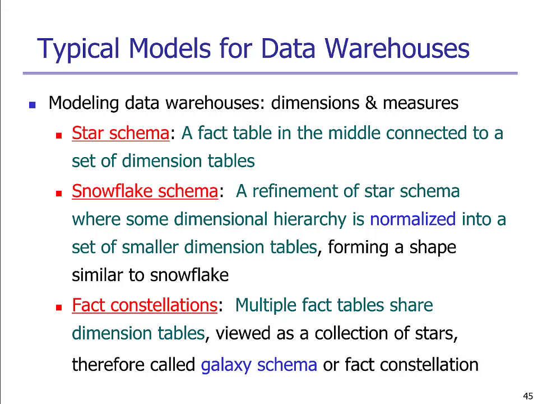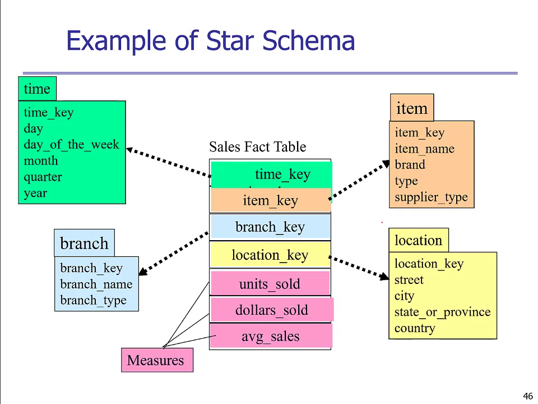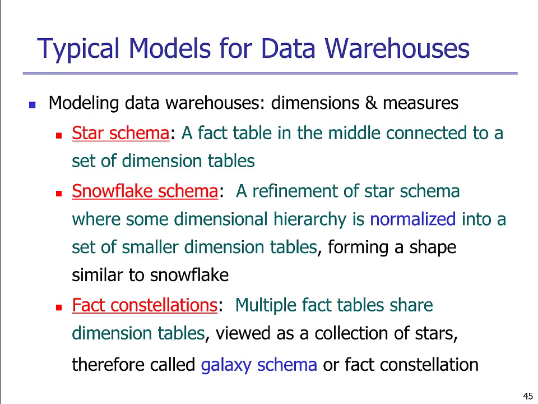All right, so let's continue. Besides the star schema, we also have the snowflake schema and fact constellations. The snowflake schema is a refinement of the star schema where some dimension hierarchy is normalized, further normalized into a set of smaller dimension tables, forming a shape similar to a snowflake.